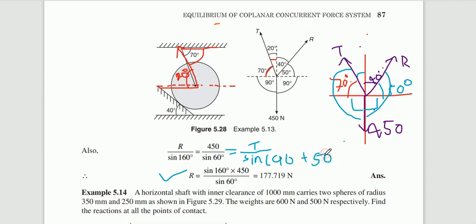You will get the value of T also. So likewise, by applying Lami's theorem, you can easily find out the values of the unknowns here. Yes, is it clear? Yes, ma'am. Okay.